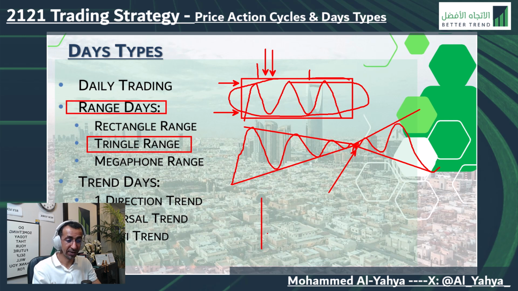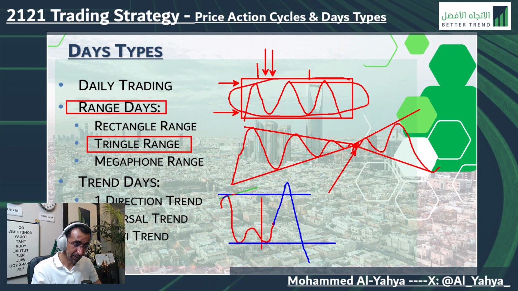The market starts here, that was the high and that was the low, then it hits the high and comes back hitting the low, which makes the megaphone. From the beginning of the day you can see it. If you see it, you are dealing with the most difficult day to trade, the megaphone range.